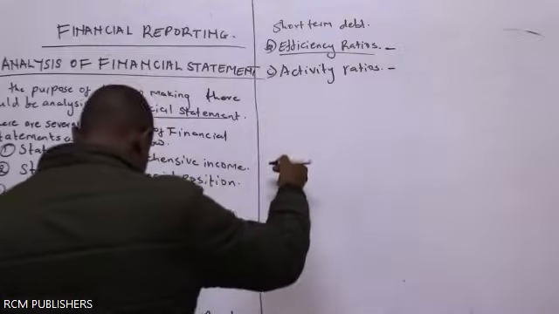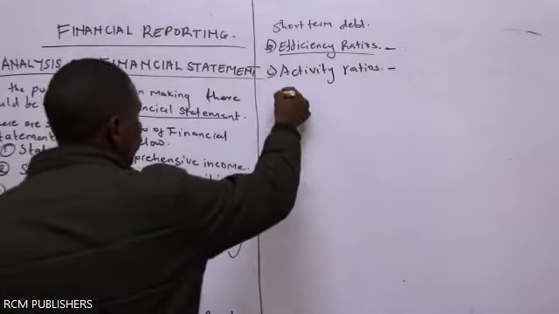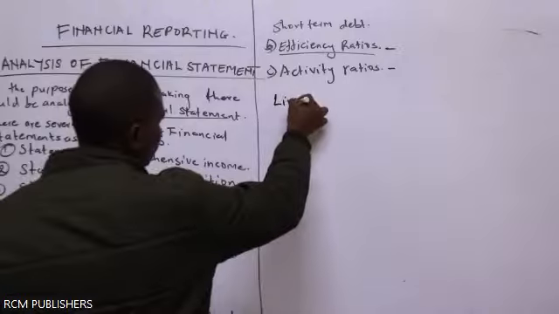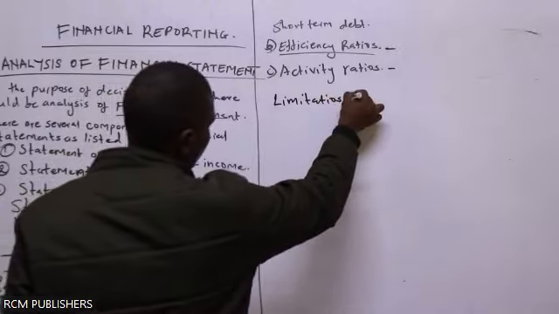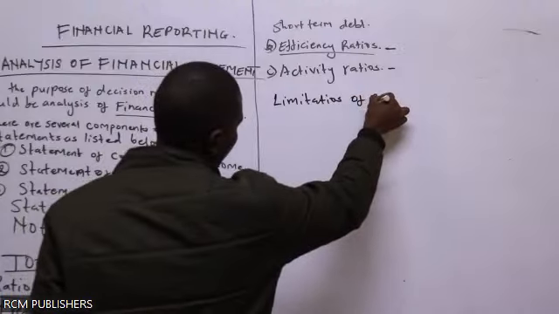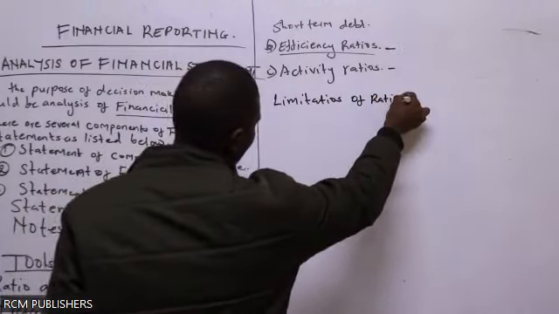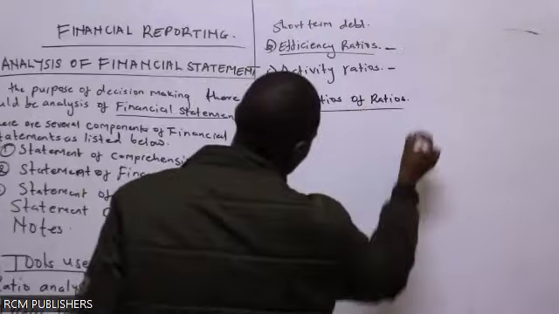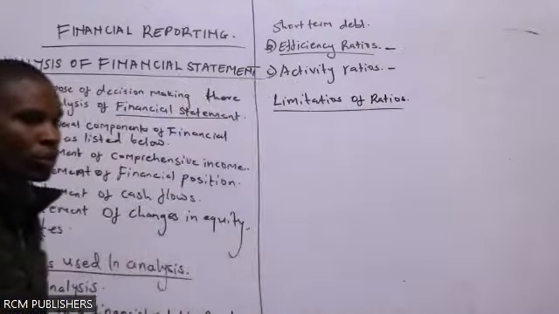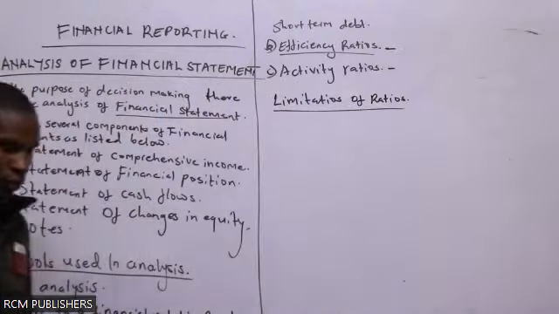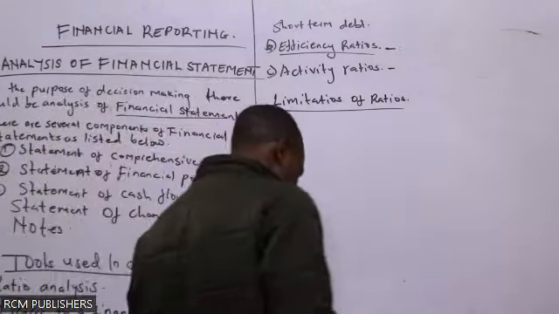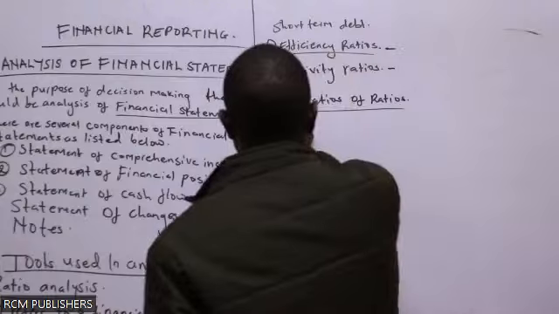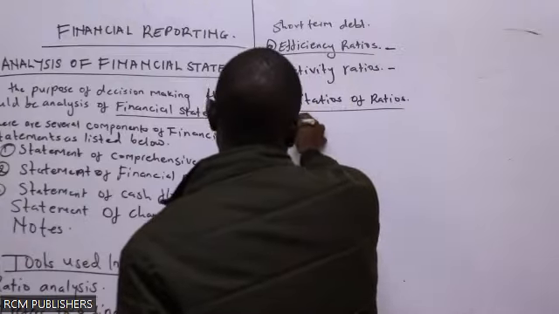What are some of the limitations of ratios? Because these ratios have limitations. So when you ask about the limitation, we can say that ratios are historical in nature.